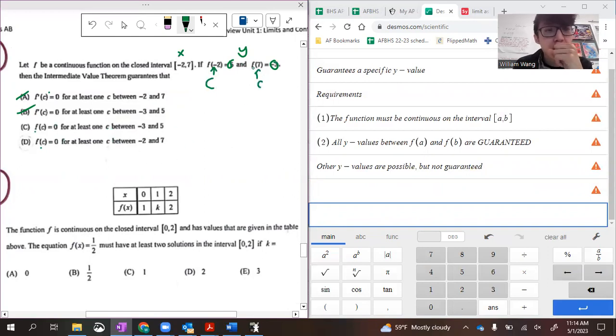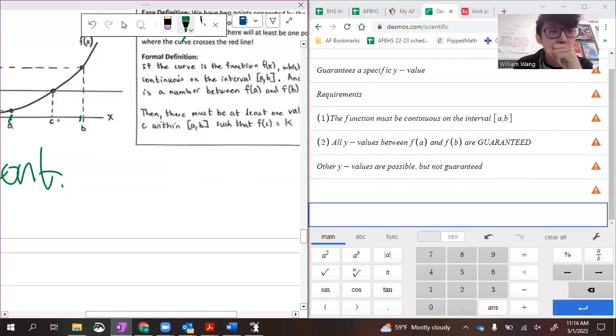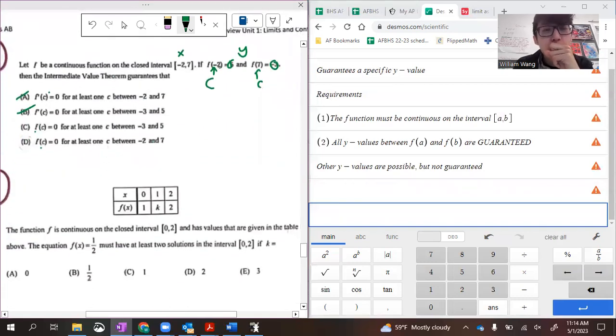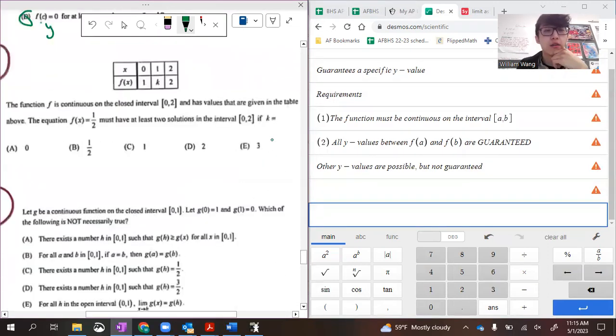So c is an x value. So it's saying between the x values, for example, between a and b, my c right here is guaranteed. That happens between my x values of -2 and 7. So basically, my answer is D. Y is equal to 0 at at least one point between x values of -2 and 7. All right, hopefully that makes sense.